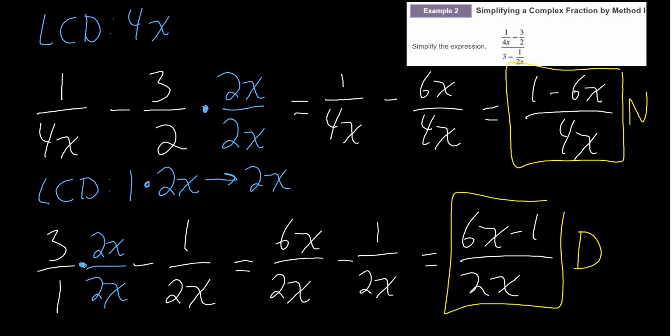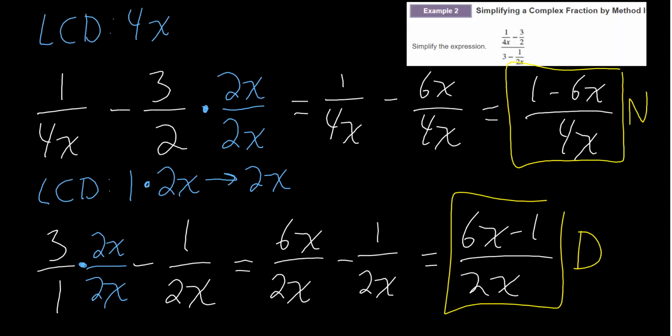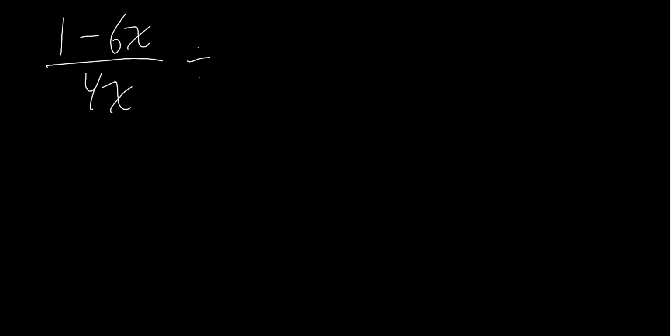Okay, and this is my denominator. So let's go on a new page. So 1 minus 6x over 4x, and it's divided by 6x minus 1 over 2x.